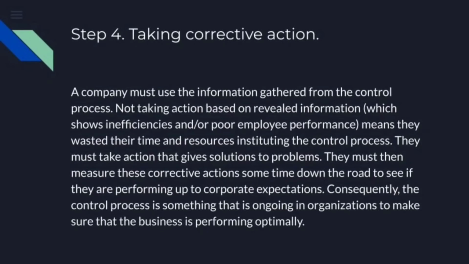They must then measure their corrective action sometime down the road to see if they are performing up to corporate expectations. Consequently, the control process is something that is ongoing in an organization to make sure that the business is performing optimally.